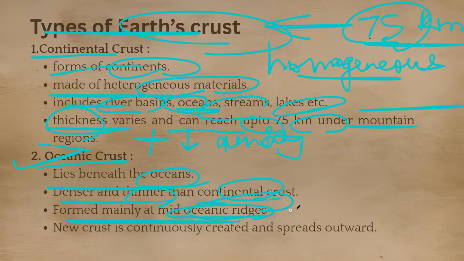These oceanic ridges are mountain-like structures inside the oceans where magma comes out of the mantle, and that creates the oceanic crust.